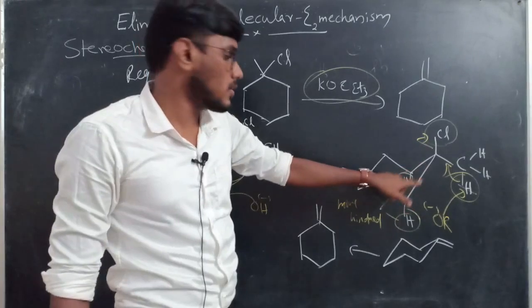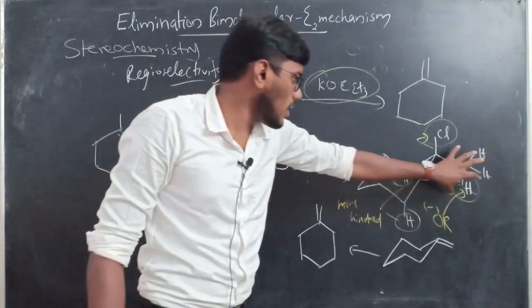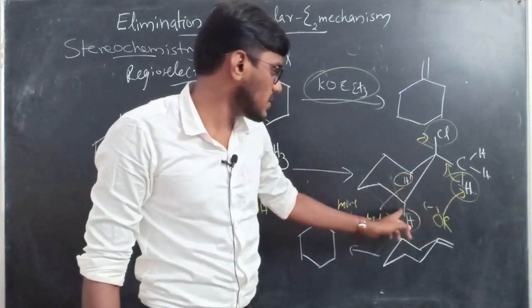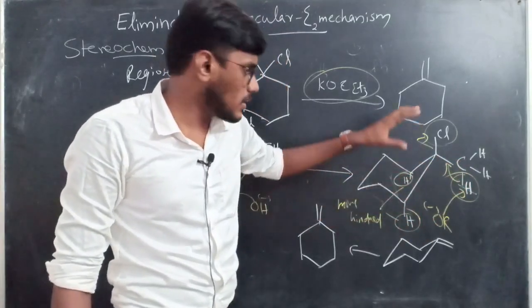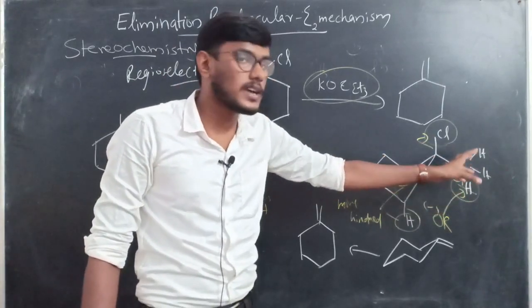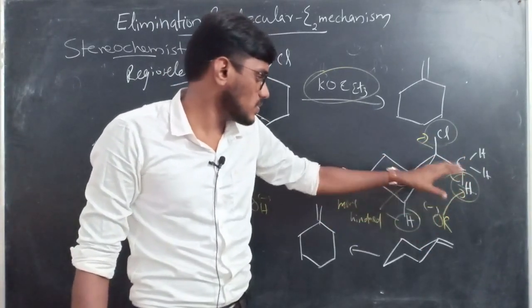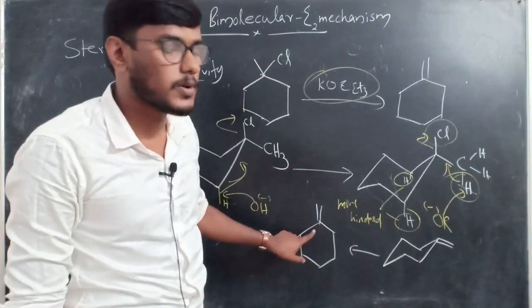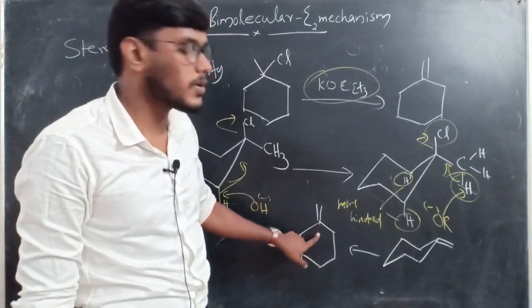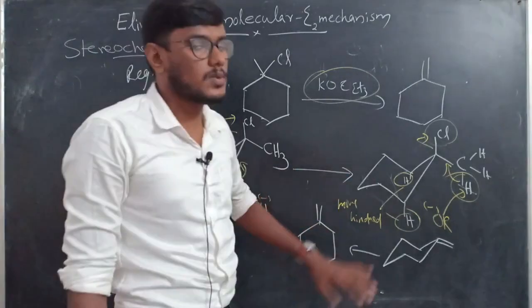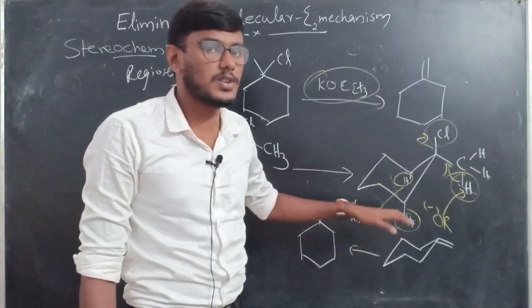Here these methyl hydrogens are more accessible to this base than the ring hydrogens, which are hindered. So this observation occurs, and the less substituted product will be the major product. So that's the regioselectivity of E2 reactions.